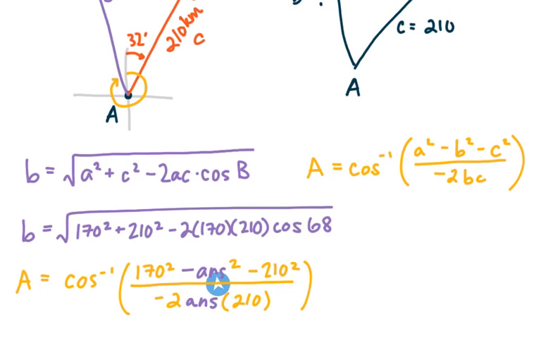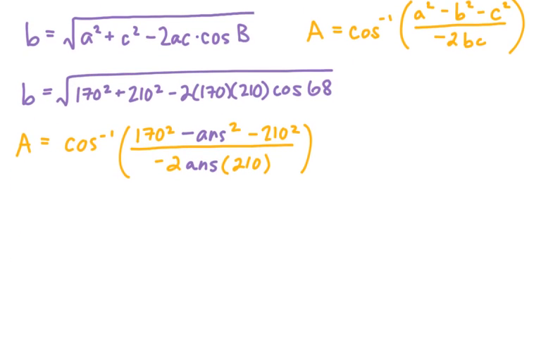Notice I've written answer here instead of the b value because I want to use the store function or the second answer, but that requires me to be able to type it all in one line. But the point is I want to use that exact value, and I encourage you to take some time, practice, and make sure you can do this in your calculator.